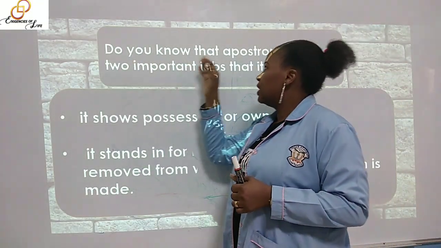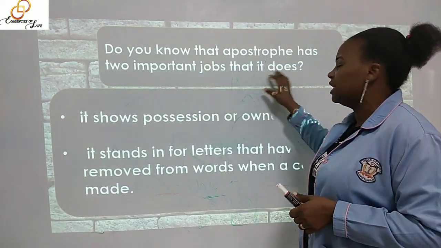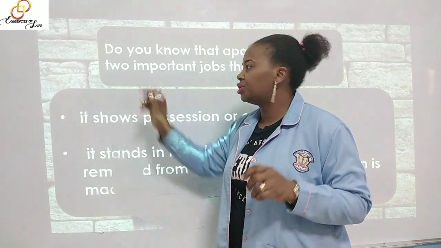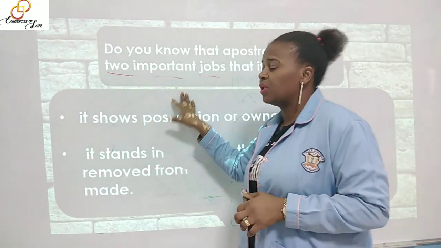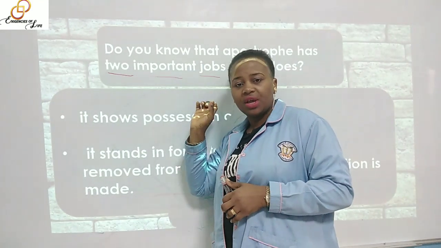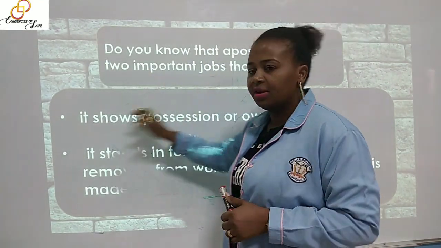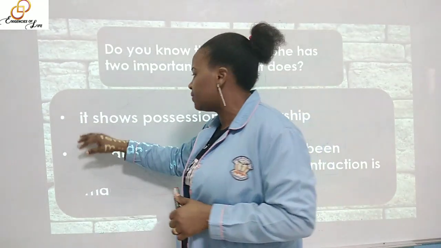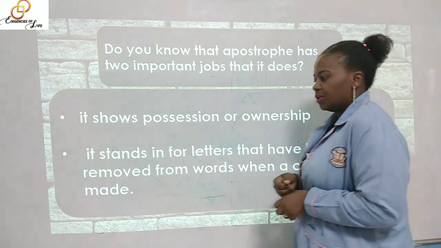Do you know that apostrophe has two important jobs that it does? Watch, we say two important jobs. So what are these two important jobs that an apostrophe is doing? The first is that it shows possession or ownership.